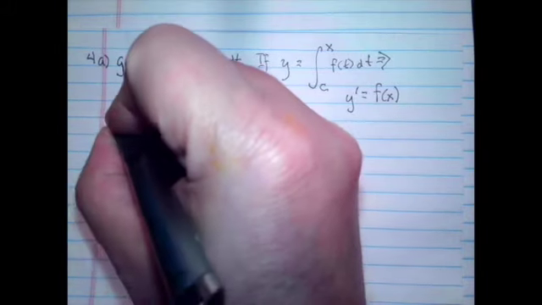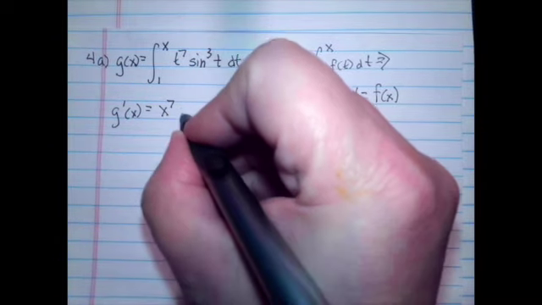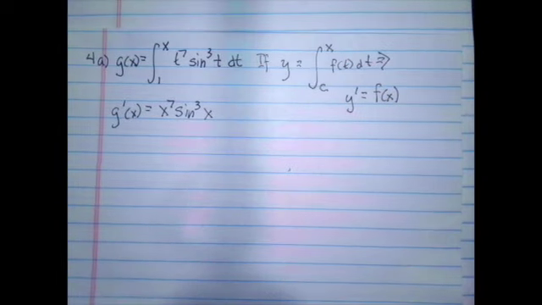So in this case, g prime of x is going to be just x to the 7th sine cubed of x.